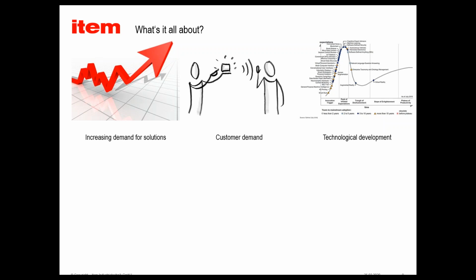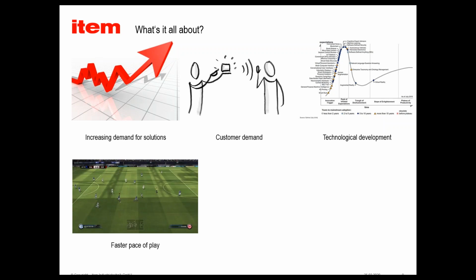And then there's one thing which is, item is a German company, so the next picture is something which comes from the soccer world. It's a faster pace of play. And I really like to use this picture because it fits perfectly, in my opinion, into our modern business world.